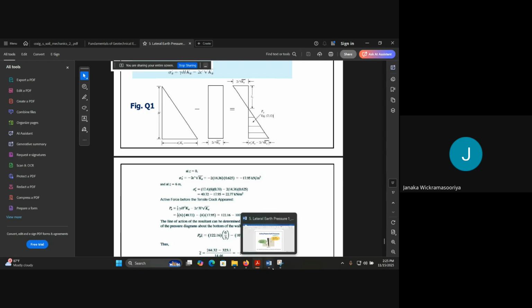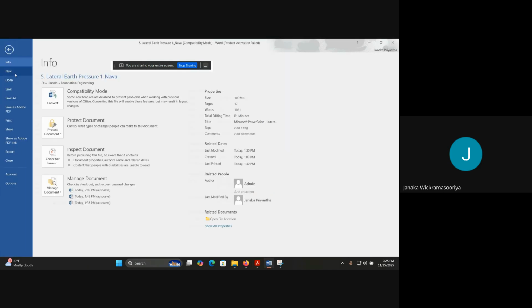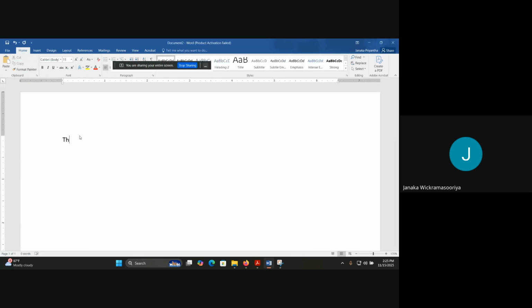So here the basic theory was: the area of any pressure diagram or stress diagram gives the relevant force per unit length.